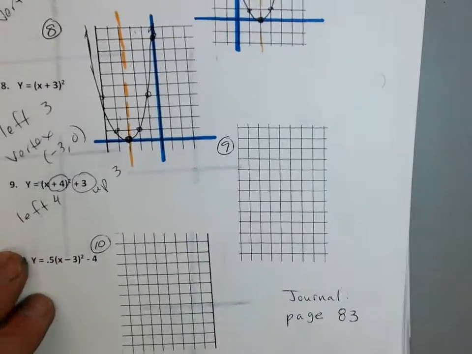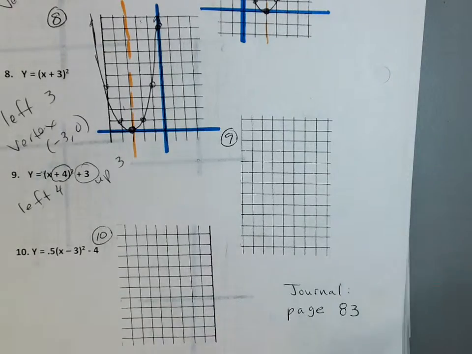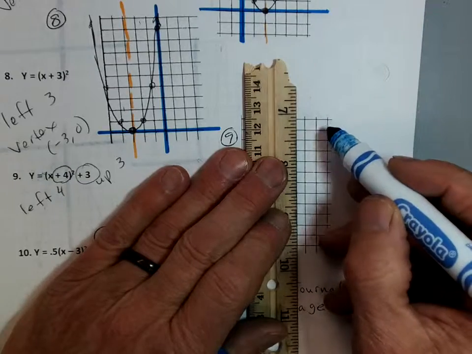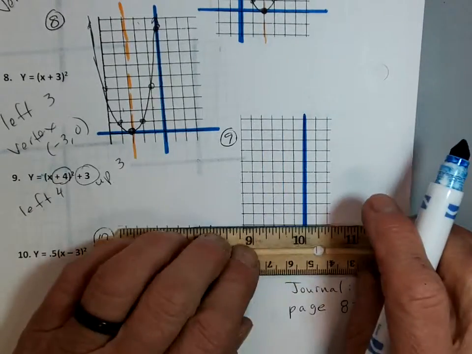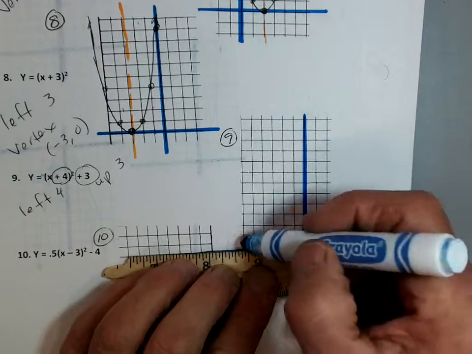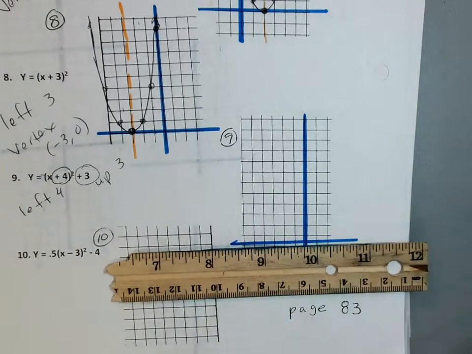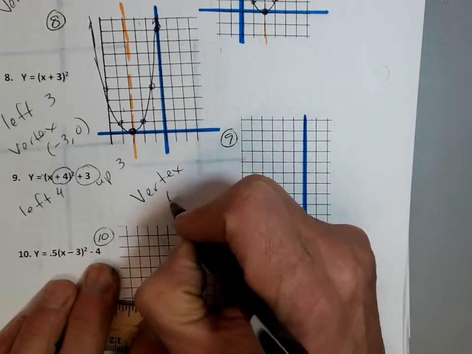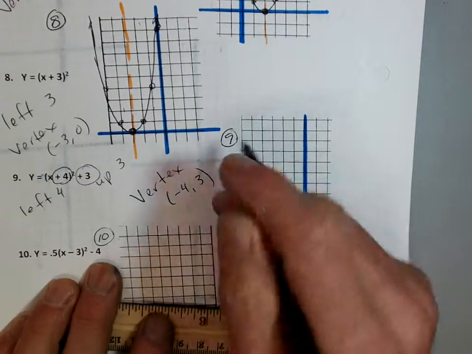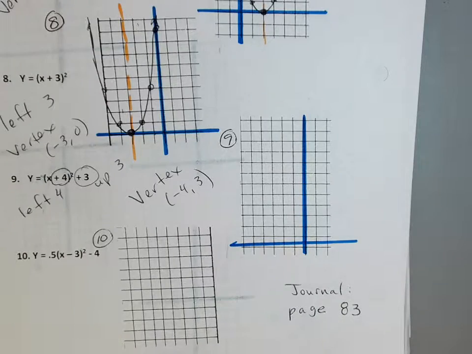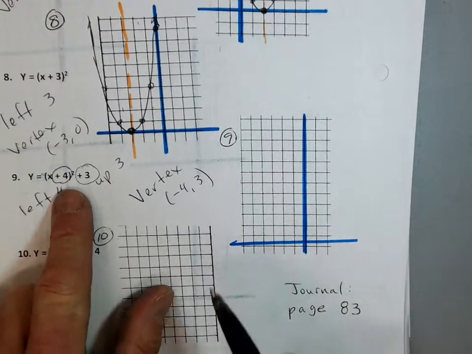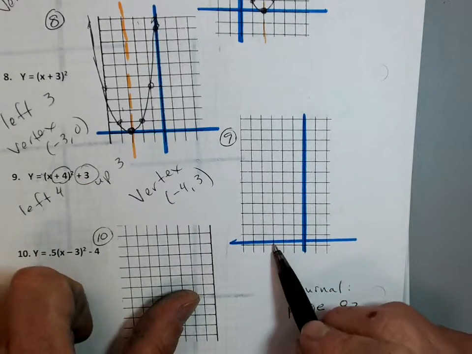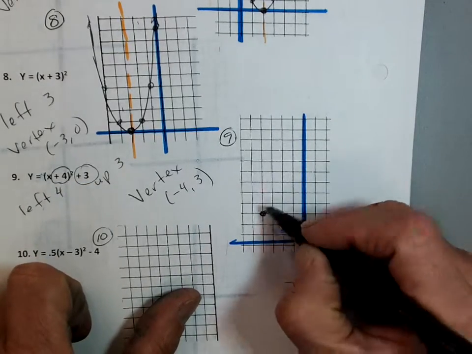So let's take our normal graph and put my vertex at -4, 3. Start with the vertex. Your vertex has got to be at -4, 3. There it is.